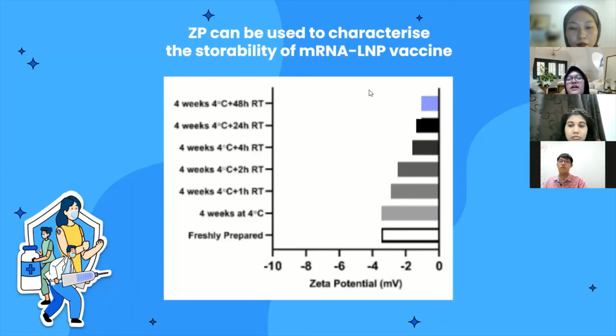This is because the mRNA has degraded or leaked out of the lipid nanoparticle, so the positive charge of the lipid nanoparticle increases. So I would like to conclude that zeta potential can characterize our mRNA lipid nanoparticle vaccine by stability and also formation. Okay, that's all from me.